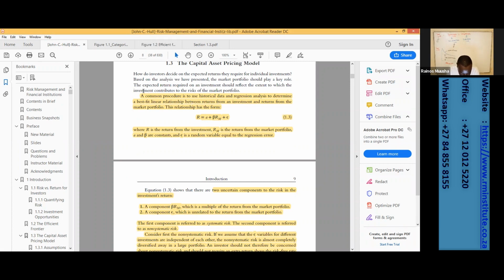So here on section 1.3, they say, a common procedure is to use historical data and regression analysis to determine a best fit linear relationship between the returns from an investment and returns from the market portfolio.